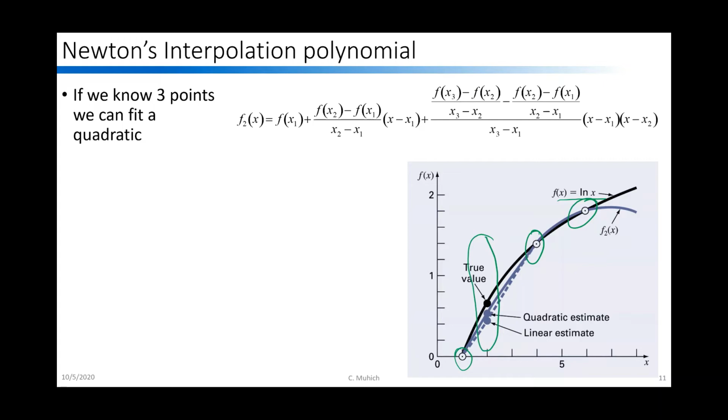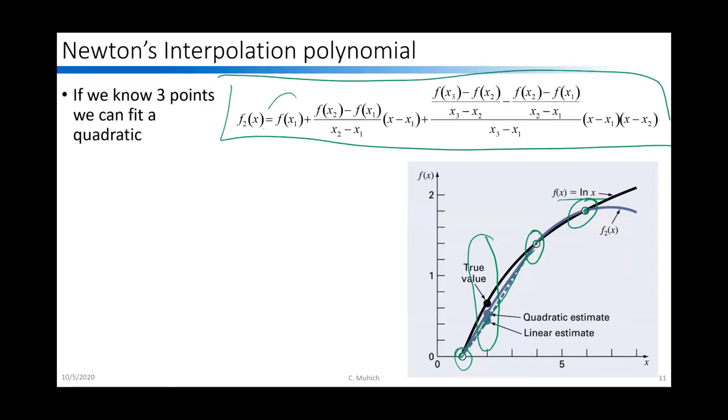If I know only 1 point, I would get this dashed line. But we know a little bit more information because we have these 3 points to use. I can extrapolate out the Newton's interpolation formula to this equation.